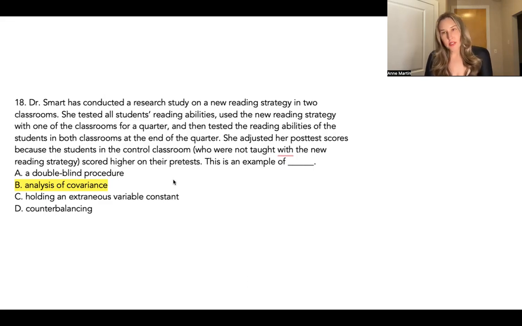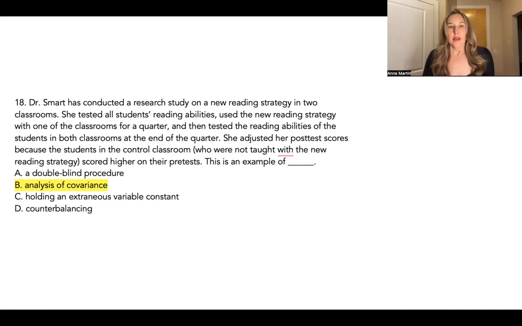So that's why on the post-test, she adjusted it to make sure that the research findings were not just showing that the one classroom scored higher before. So when they are adjusting it, they are using analysis of covariance, or a statistical means of controlling for extraneous variables.